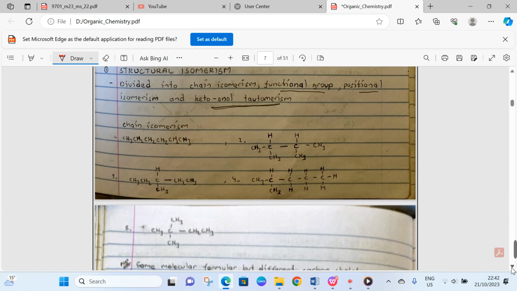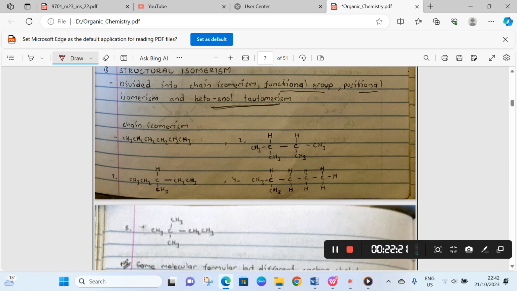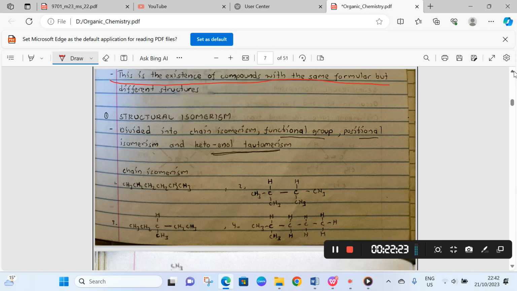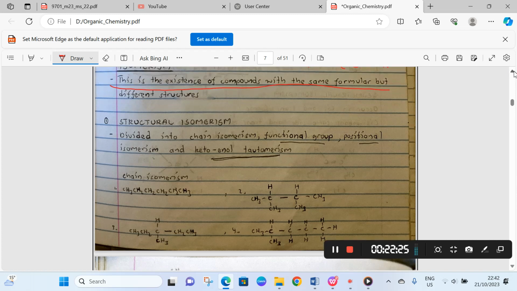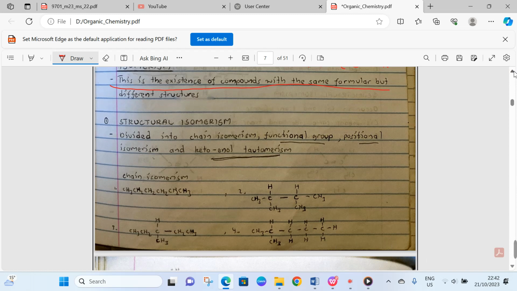Now, there are different types of isomerism that you can come across, with the one which is called structural isomerism. Look at these structures. This one is chain isomerism. Under structural isomerism, we've got this molecule, and this molecule, and this molecule.